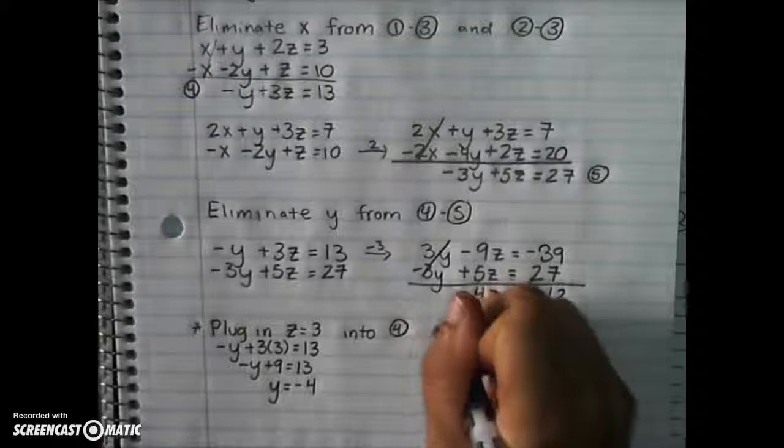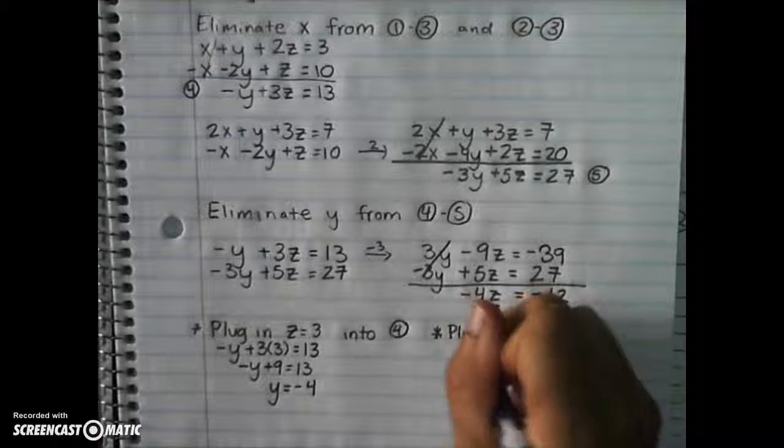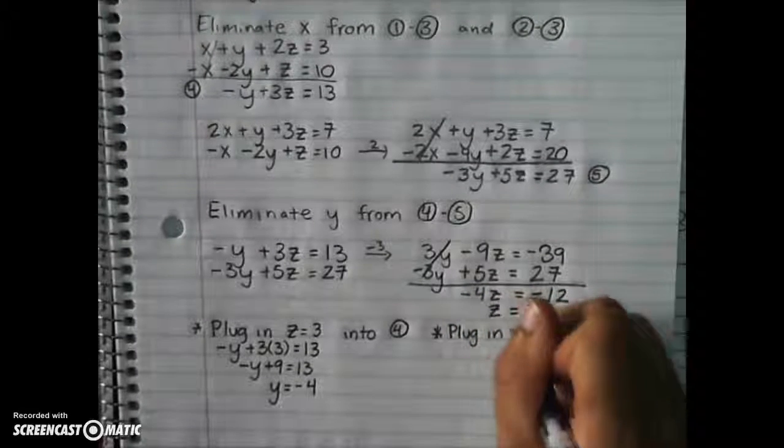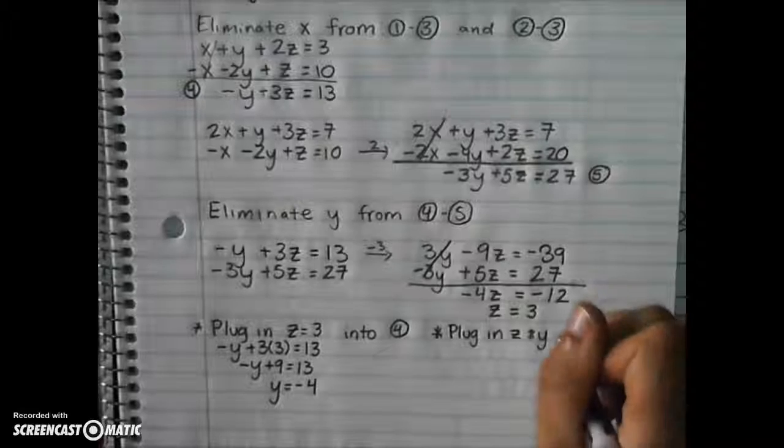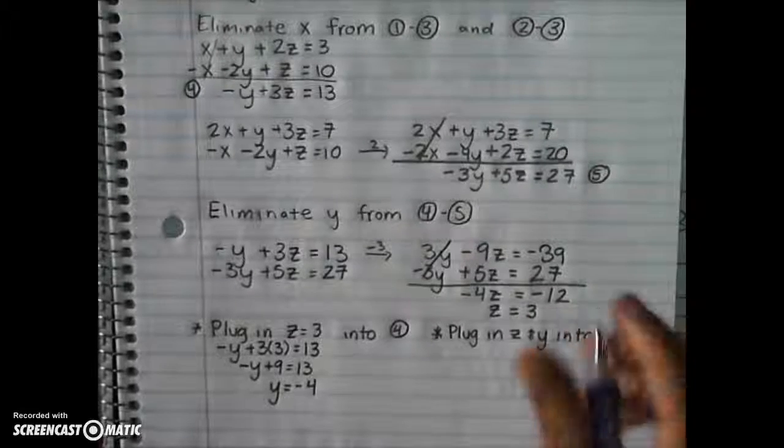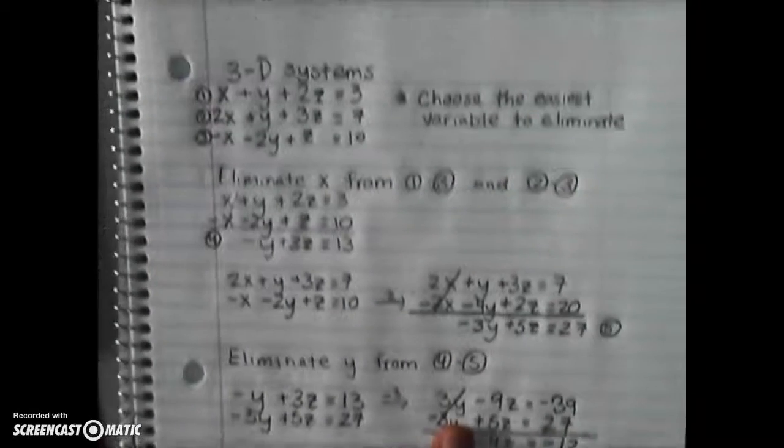We have z, we have y. Now we're going to plug in z and y into, which one do you want to do here? 1, 2, or 3? 1 looks super easy, okay.